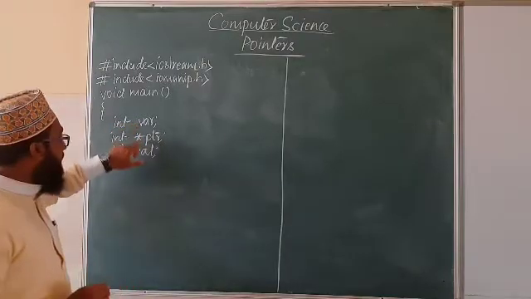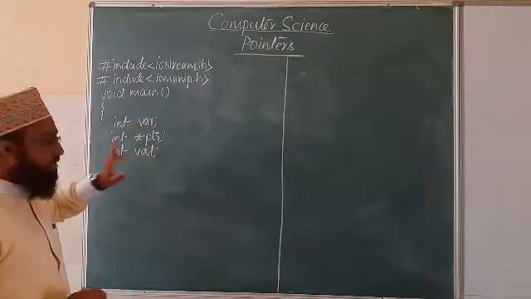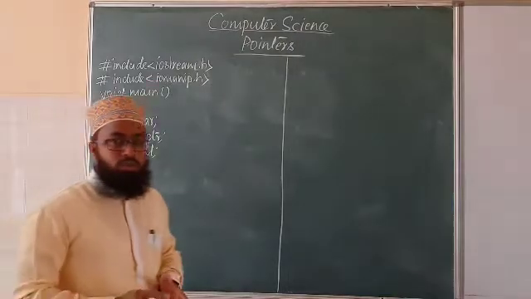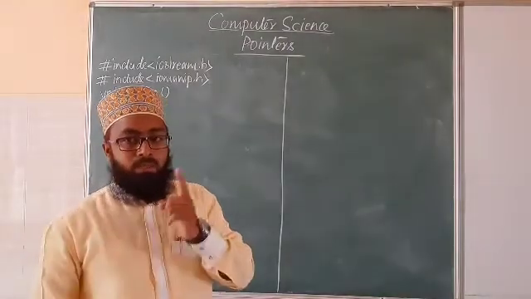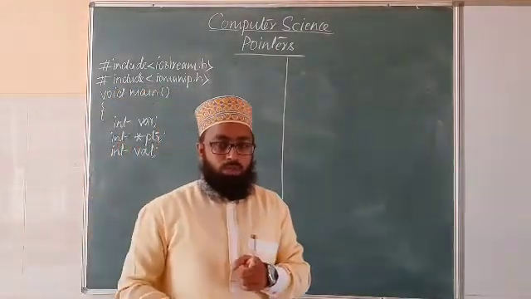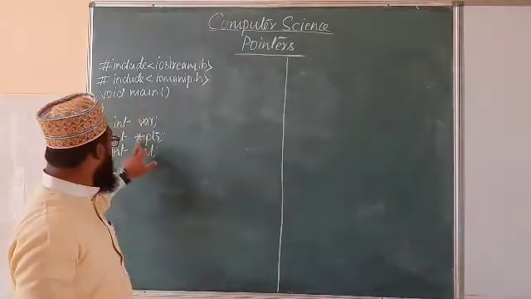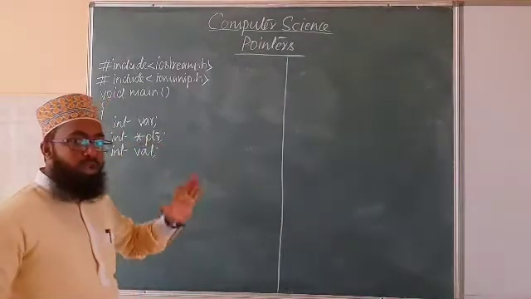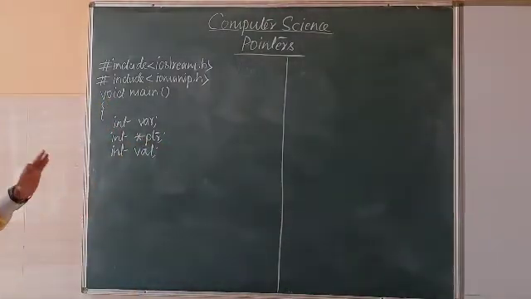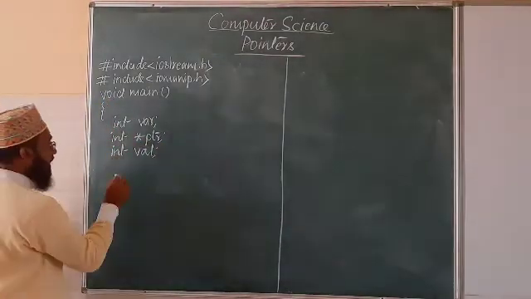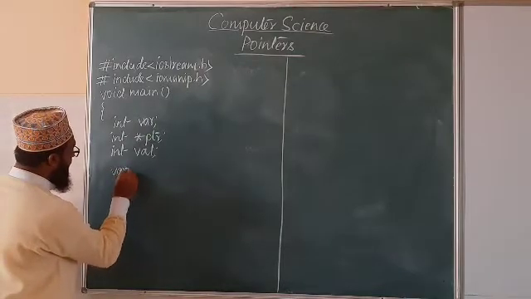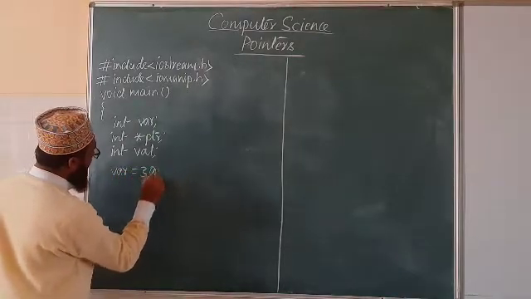Now we need to use two operators: the indirection or pointer operator, and the address of operator. We have already used the indirection operator, now we have to use the address of operator. So take some value for var1: var1 equals, take some value.